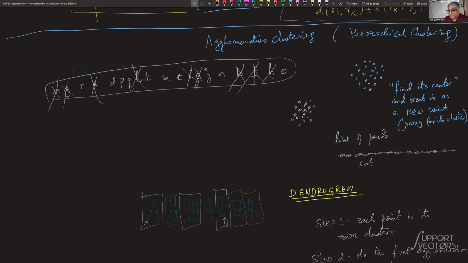Right? And so you can repeat this process, and you will end up with 1, 2, 3, 4, 5, 6, 7 points. In this particular case, I started with very few data points. I just simplified it down to 7 pink points.